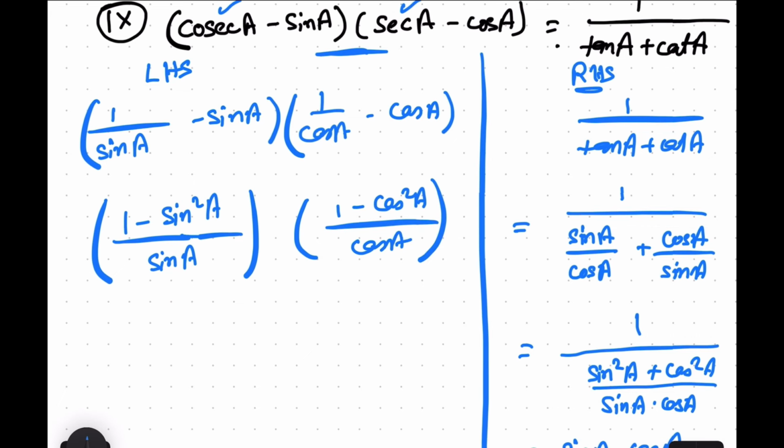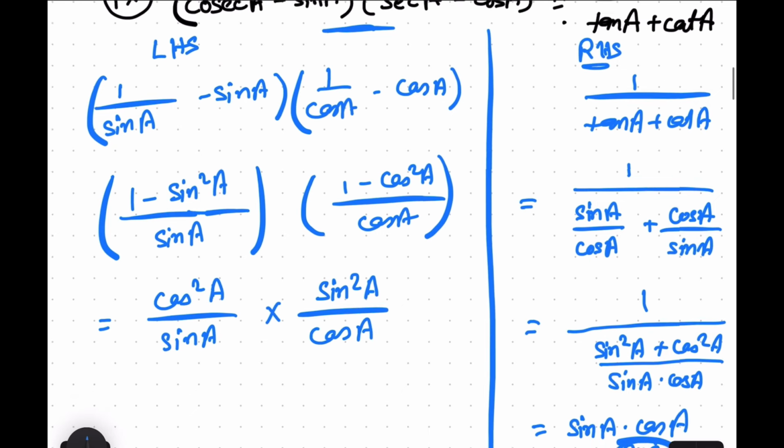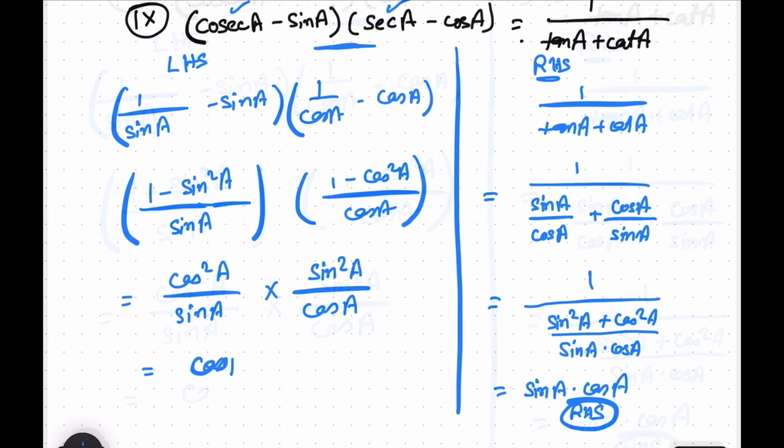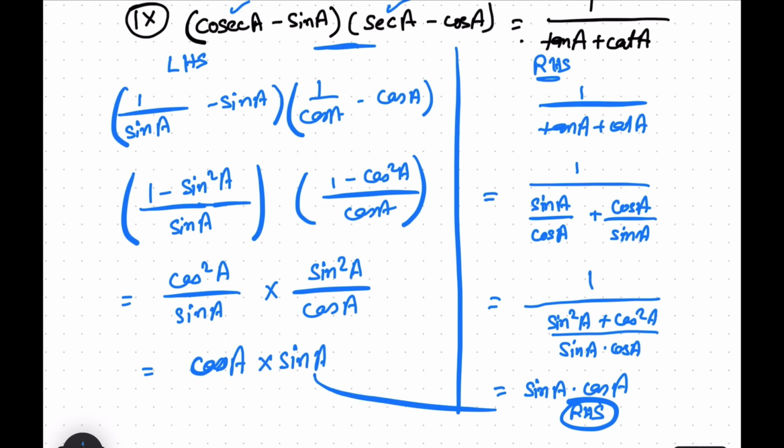Let's do that now. So 1 minus sine squared A we can write as cos squared A divided by sine A, and here we can write sine squared A divided by cos A, right? Easily we can cancel, right? So what is the remaining part? Easily we can write cos A times sine A, right? This is equal to the RHS. So hence we can say LHS equals the RHS, okay?